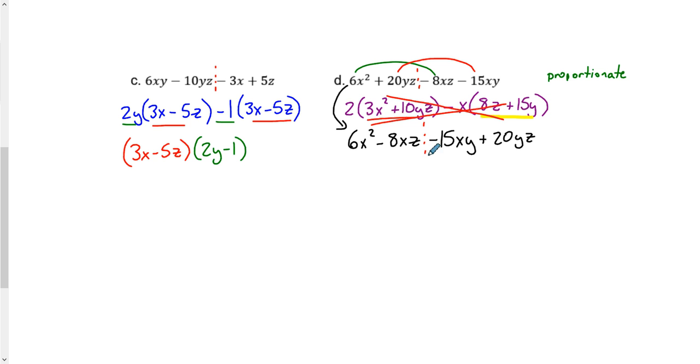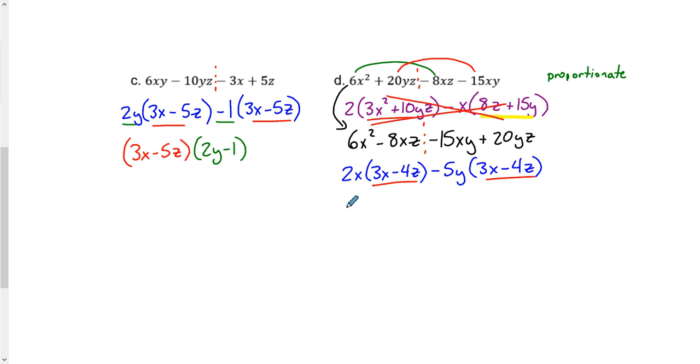Now if we split it down the middle, we'll be able to see that we can still factor out a 2, but we can factor out an x too. We'd be left with a 3x, subtracting 4z. And from these two, we will want to factor out a -5y, leaving us with a 3x, subtracting 4z.